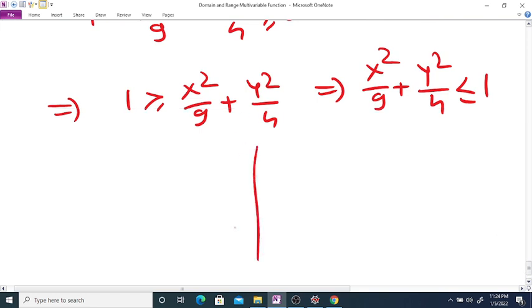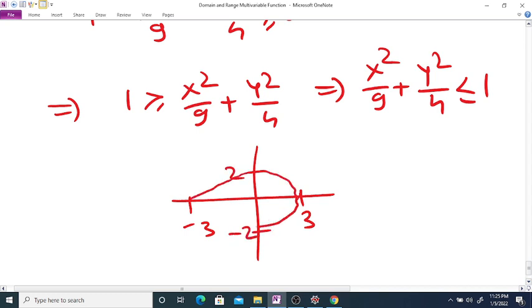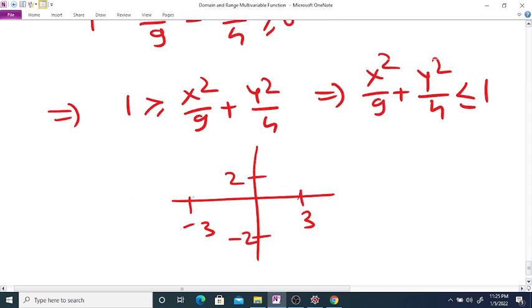So if you sketch the given domain, on the x axis it is 3 and minus 3, on the y axis it is 2 and minus 2. This is the sketch of the given domain.